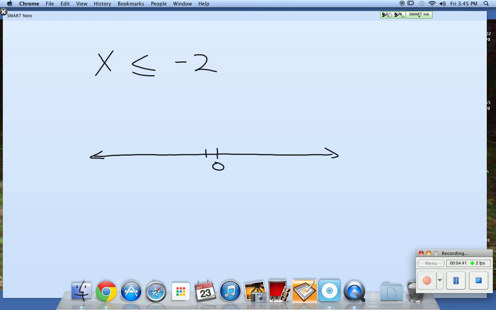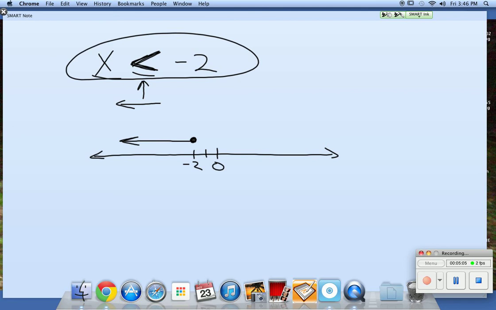All I have to do is 1, 2 in the negative direction. Mark that. I've got my negative 2. I know that it's going to be less than or equal to, so it's a solid dot. I follow which way my arrow is pointing with my less than, and that's the way I make my arrow. So I have just graphed x is less than or equal to negative 2.